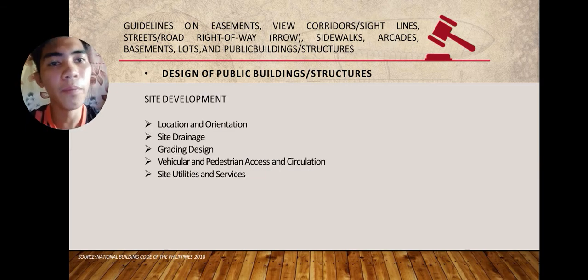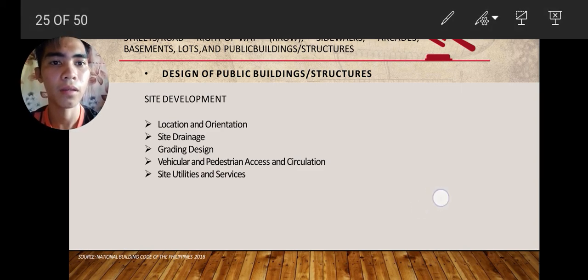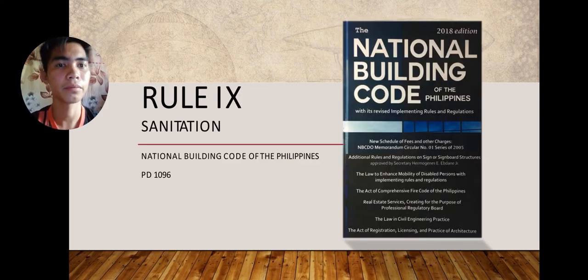So site development, location and orientation, site drainage, grading design, vehicular and pedestrian access and circulation, then site utilities and services. So ari na ta sa Rule 9, sanitation, or Chapter 9.